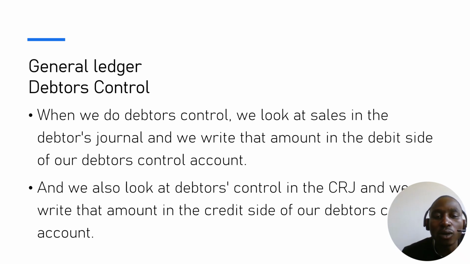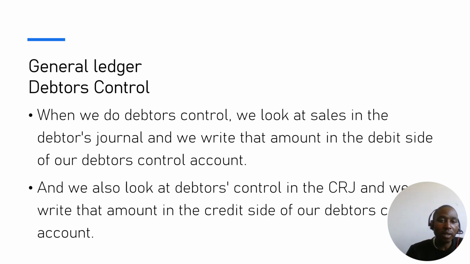And also we look at debtors control in the CRJ and we write that amount on the credit side of our debtors control. Now, the debtors control in the CRJ stands for the amount that we have received from our debtors. That amount is decreasing our debtors control, so we write it on the credit side of our debtors control.